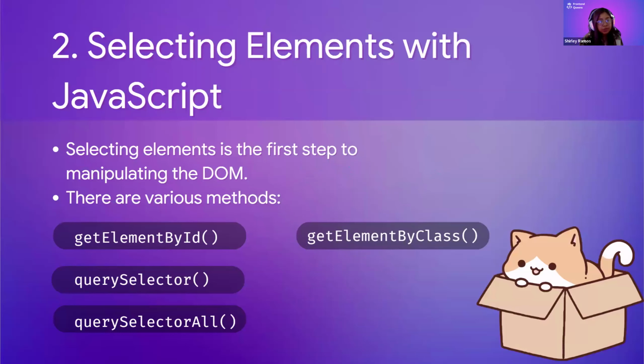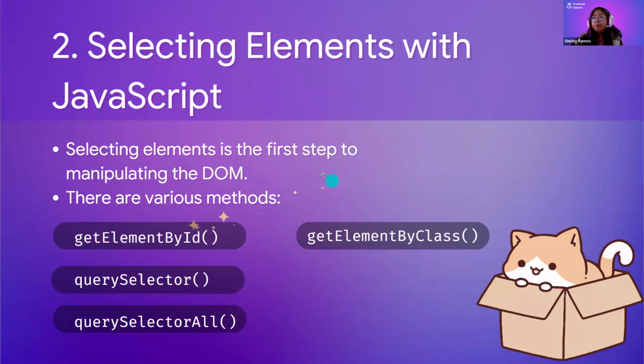So, selecting elements with JavaScript. Okay, this is a really good part. Selecting elements is the first step to start working with the DOM, and we have to understand why we are doing this, why we are selecting different elements, and what we can use for this.